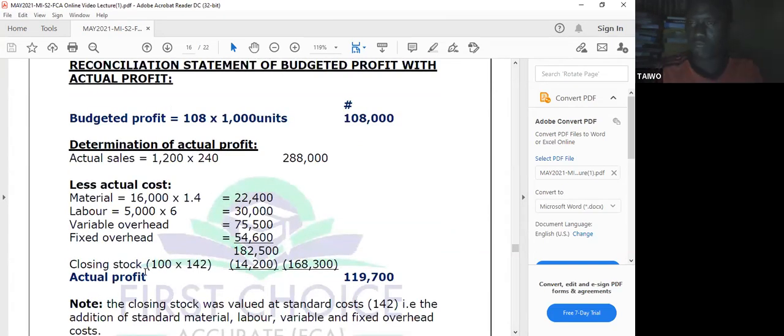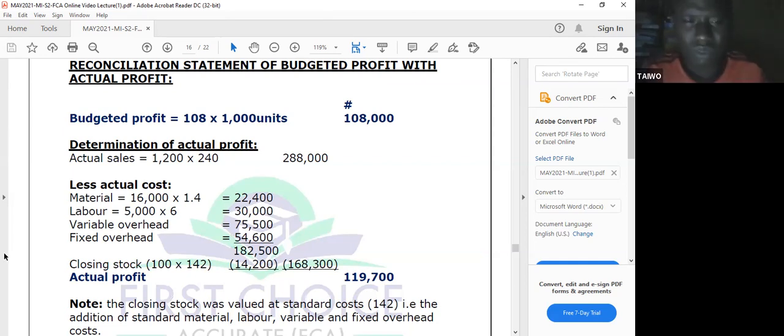That's 1.3 minus 1.2, which is 100, times the standard cost of production. You know why we are multiplying by standard cost? Because you will have put material there, labor is here, variable overhead is here, fixed overhead is here to make that product. Are you getting me? So they must have incurred those costs on that particular 100 units. Therefore, if you want to value it, you need to value that 100 units using the standard cost of production.